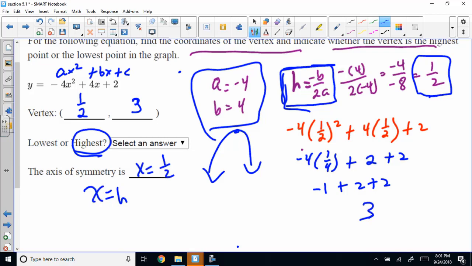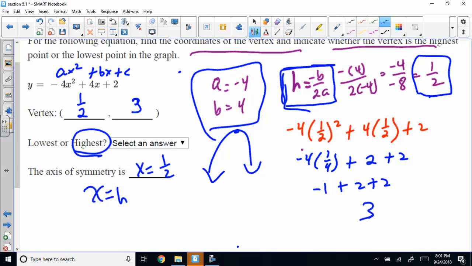So you're going to have to do h equals -b over 2a. And then substitute it back in. So you're just converting from one form into the other, and then it's asking you a couple of questions. Opening up, opening down, maximum, minimum, highest, lowest, and then what's the axis of symmetry?